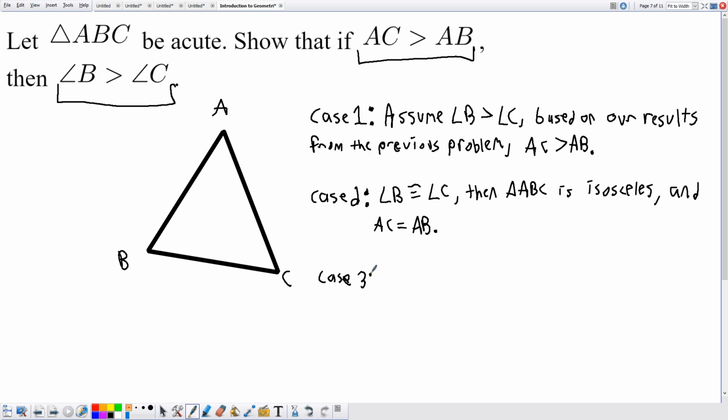So the third case, case 3. Well, the only other possible scenario we have is that angle C is greater than angle B. Well, what happens if that's true?